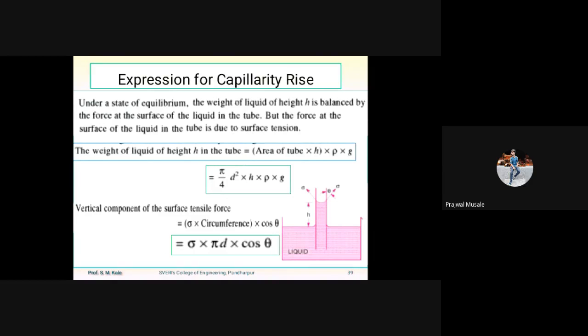Now both the forces are in equilibrium, balancing each other. That means the weight of liquid inside a capillary tube of height h is balanced by the vertical component of the tensile force.